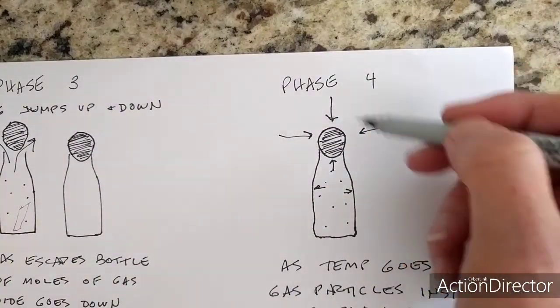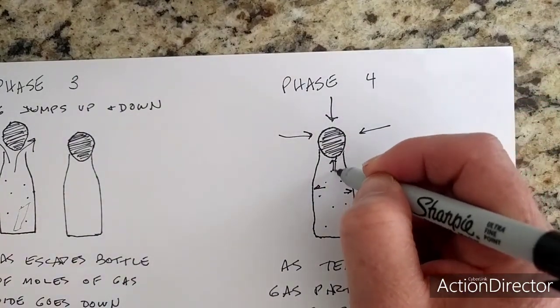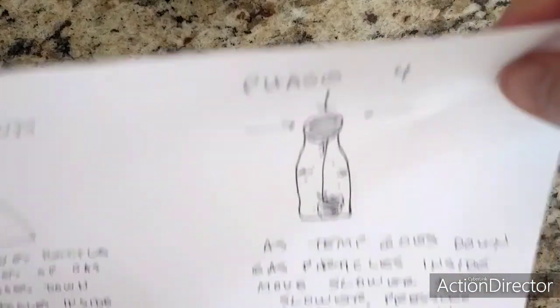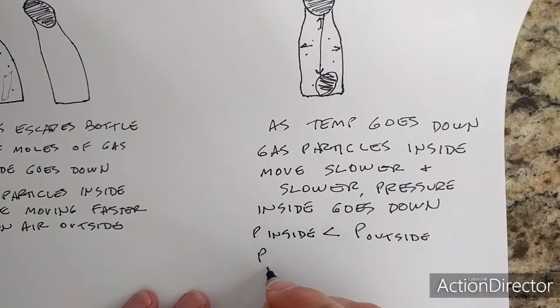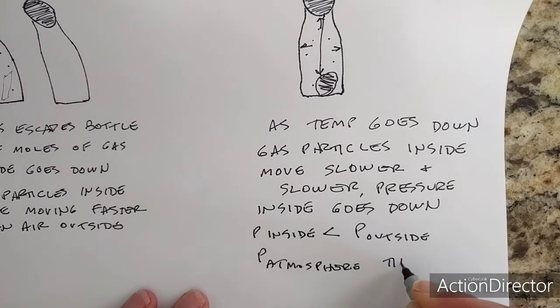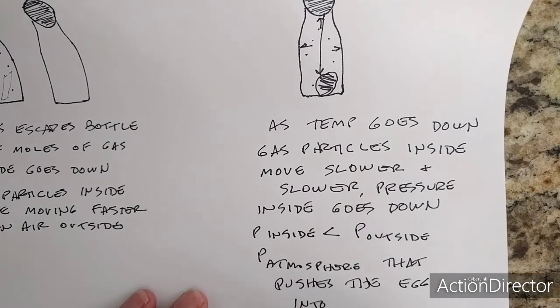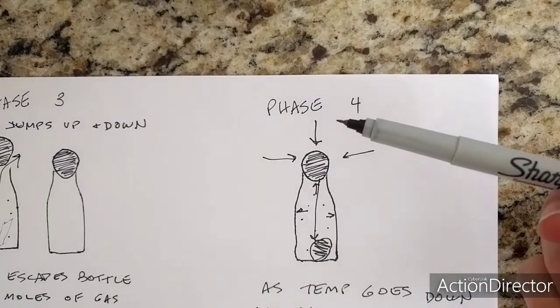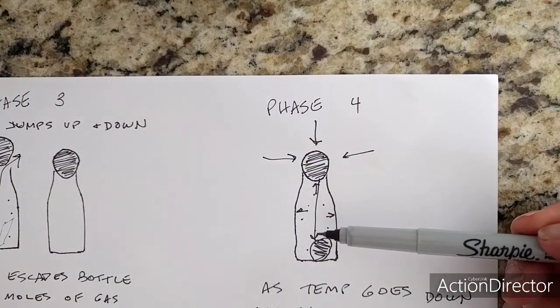So it is the pressure of the atmosphere that pushes our egg into the bottle. So the egg does not get sucked into the bottle. The egg gets pushed into the bottle when the pressure outside becomes greater than the pressure inside.